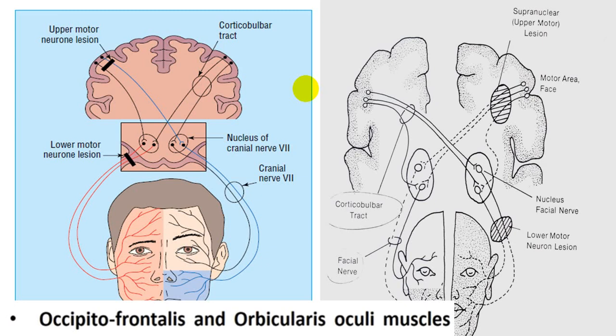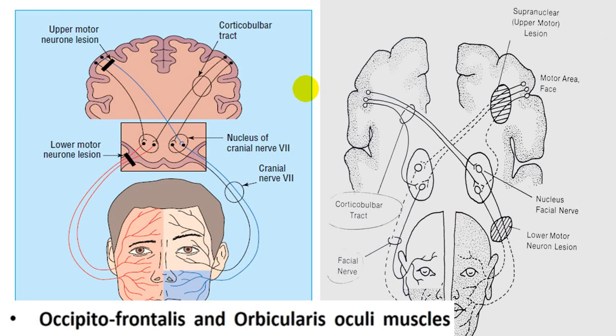Now the facial nucleus has got two divisions, the upper part and lower part. The upper part of the facial nucleus is innervated by both side pyramidal tract, so it is bilaterally innervated, while the lower part of the facial cranial nerve nucleus is innervated by the opposite side pyramidal tract.